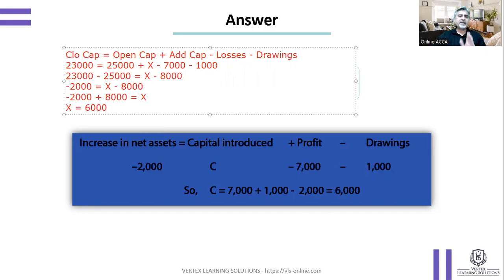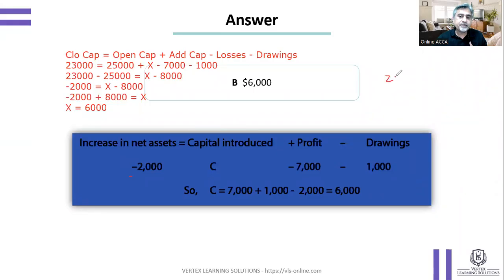I'm just leaving it to you, whichever way you feel convenient. One is the way I was explaining before, mathematically, logically in your mind. The second is you do it the longer way. The third is you do it the shorter way. Like in this case, increase in net asset is with a minus because your opening capital was 25 and closing is 23.